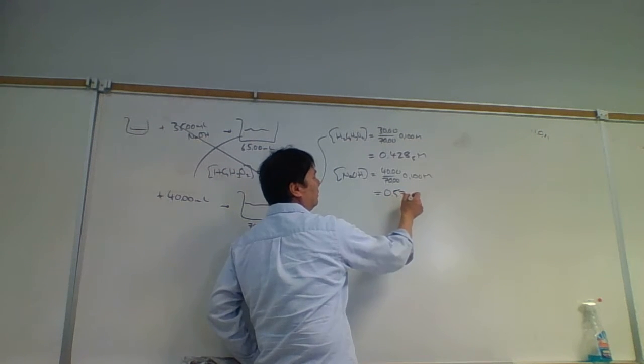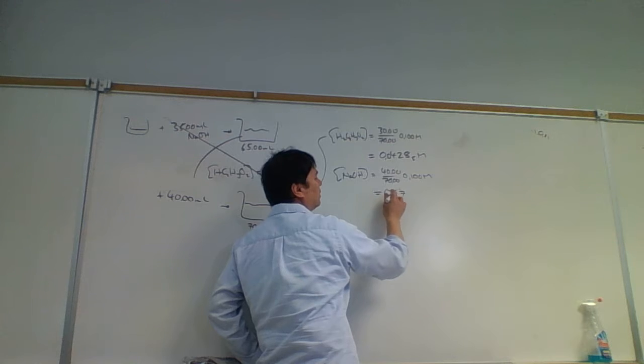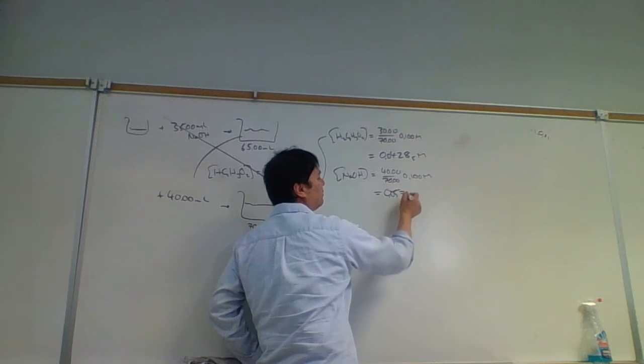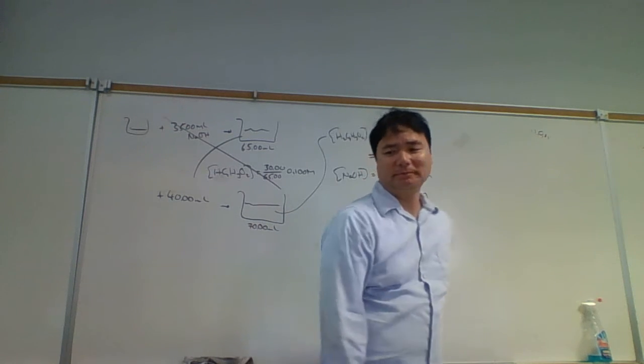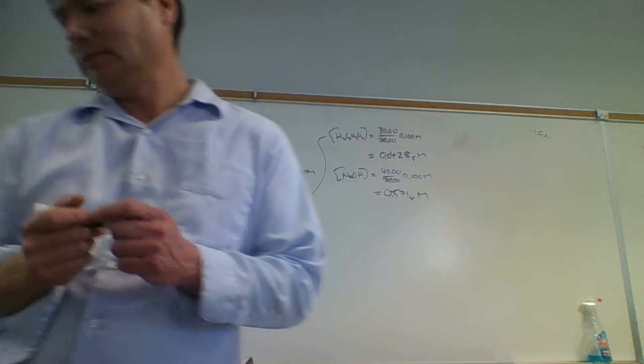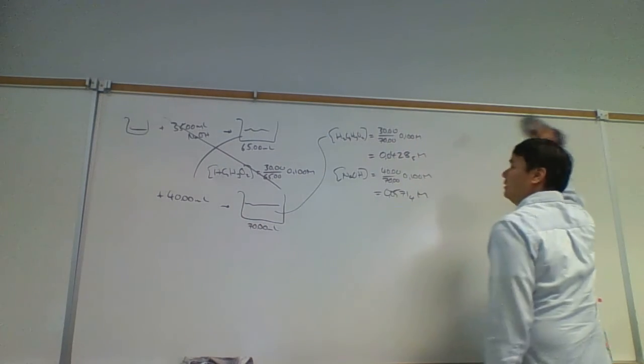Five seven. 0.0. So this is 0.0. Okay, so this is 0.05714. Okay, this is not clean at all. It's okay, we'll just stick with this.